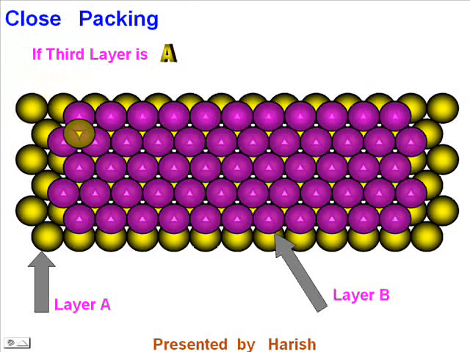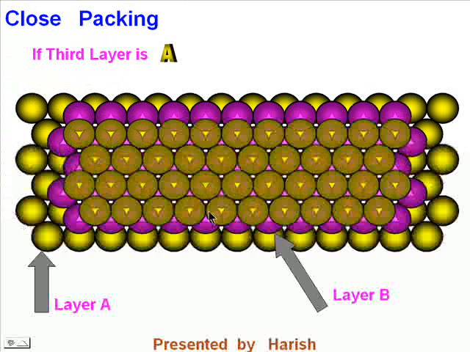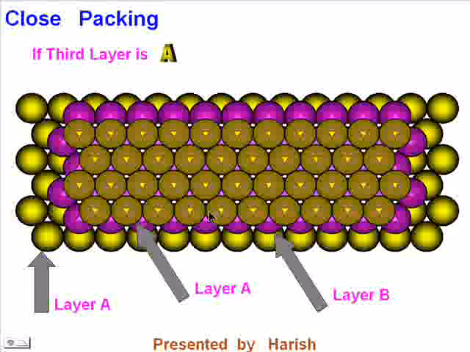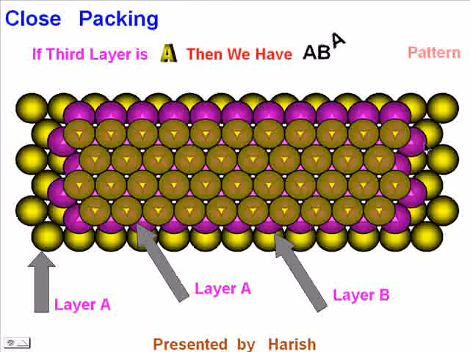So I place one above the atom which is in the first layer A. So I go on filling this layer A again. So you have layer A. Then we have the AB type of pattern.